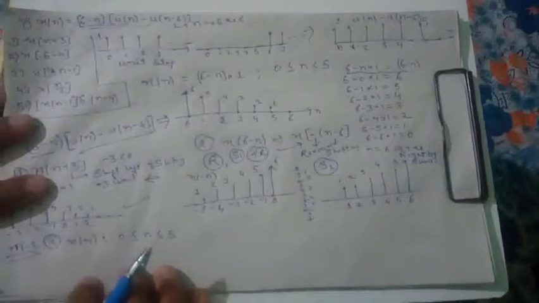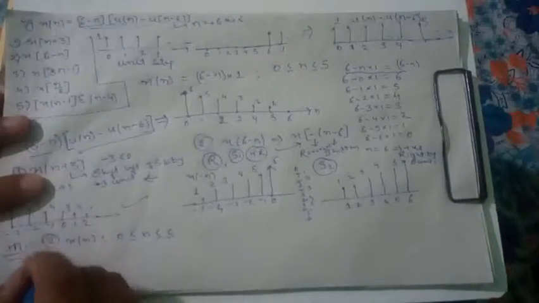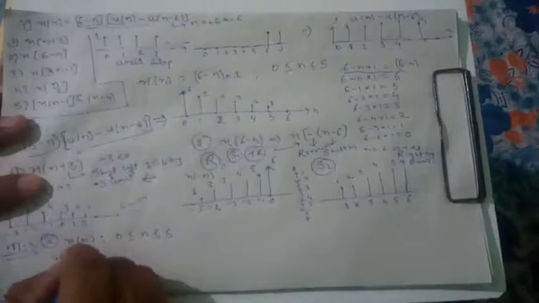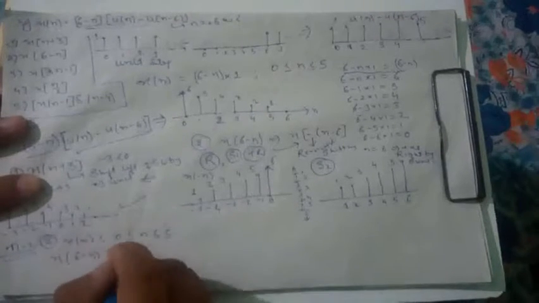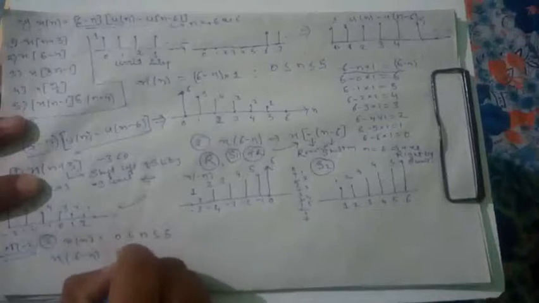Method 2 for question number 2. x of n is valid for 0 to 5. Now x of 6 minus n will be valid for 0 less than or equal to 6 minus n less than or equal to 5.